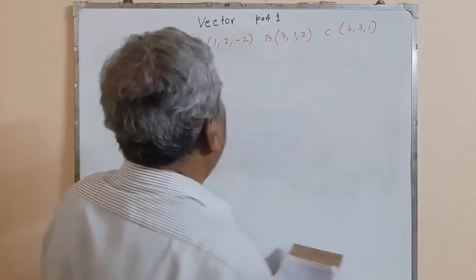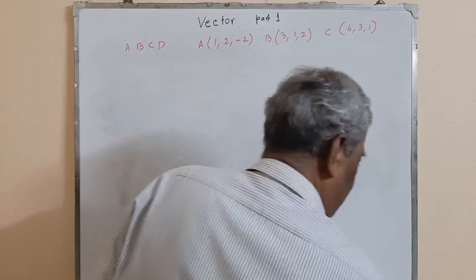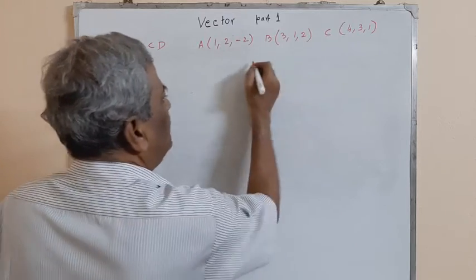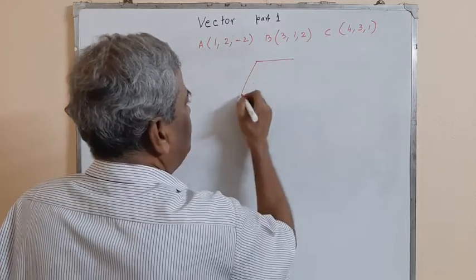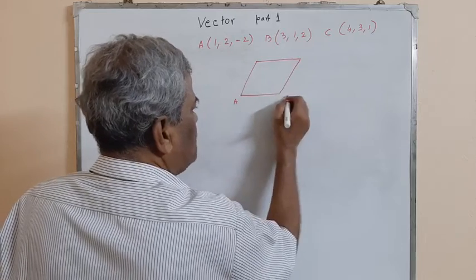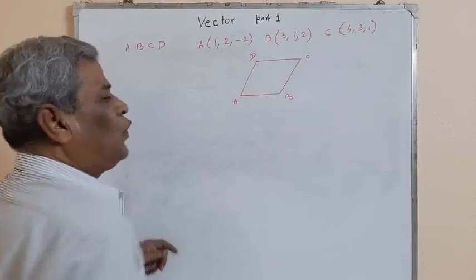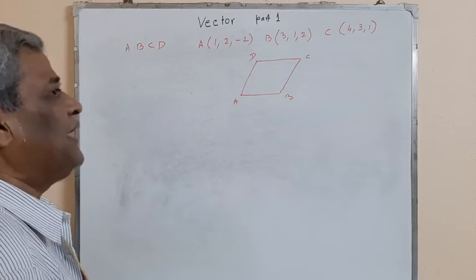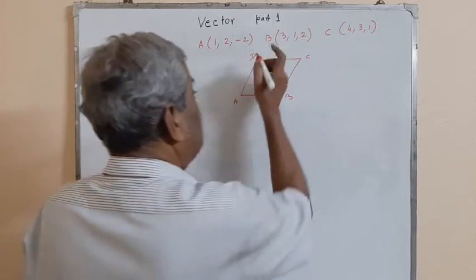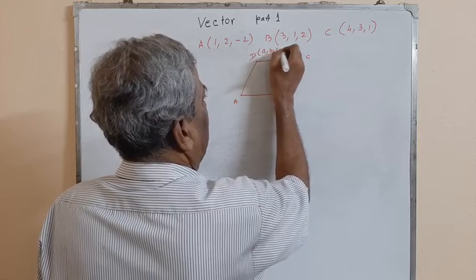Then find the coordinates of the fourth vertex D. Suppose this is the parallelogram ABCD. Coordinates of A, B and C are known. Suppose coordinates of D are a, b, c.